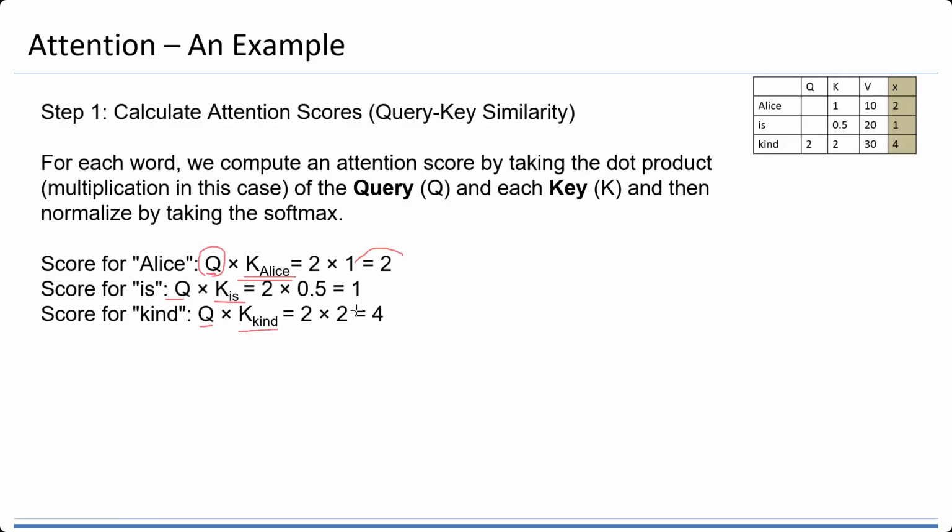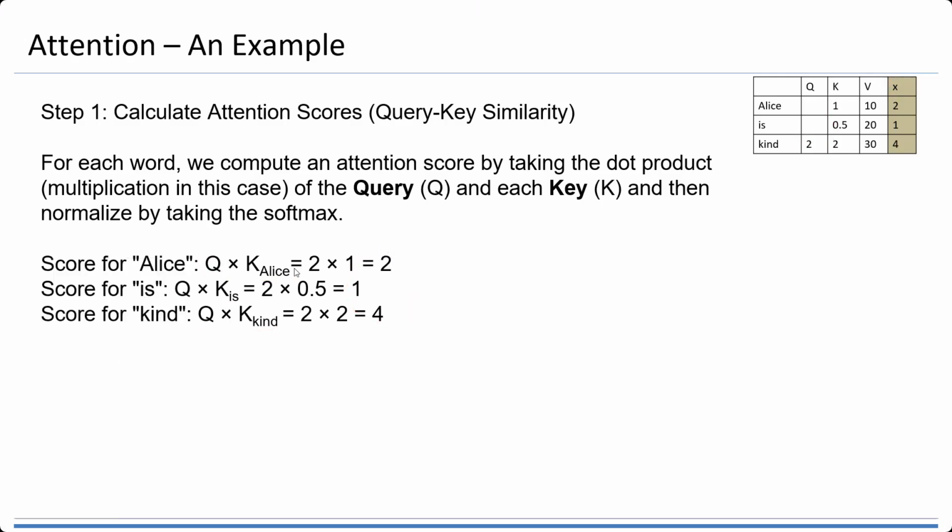We can get this value. We call this X. X is the value of the multiplication between the Q and K.